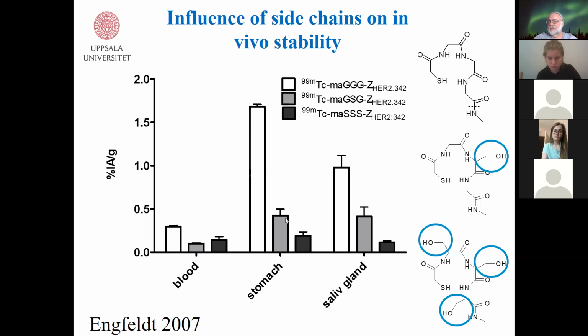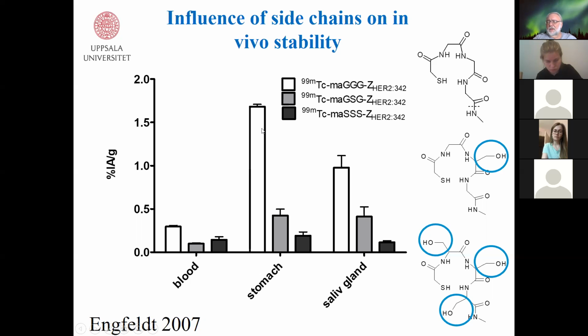What is interesting is that when we included one serine in the complex, we had quite dramatic reduction of radioactivity in blood at the same time. And these measurements have been done, so to speak, head-to-head in the same batch of mice, so as to avoid batch-to-batch variability in animal physiology.